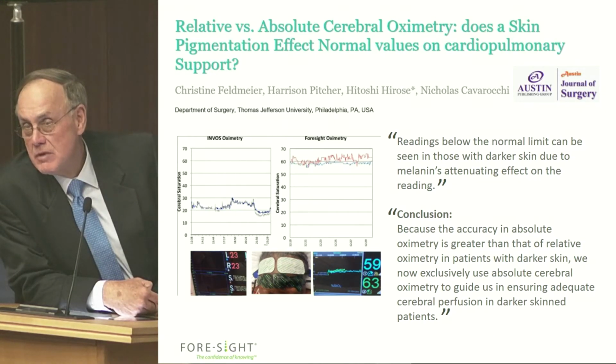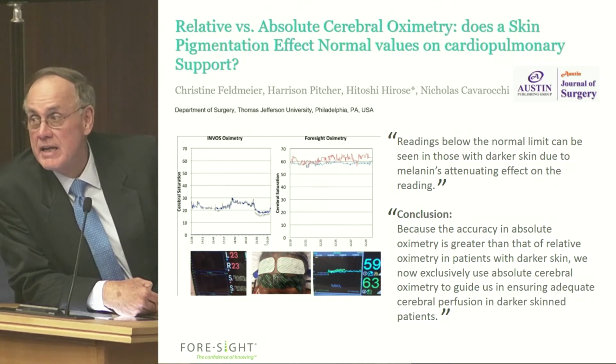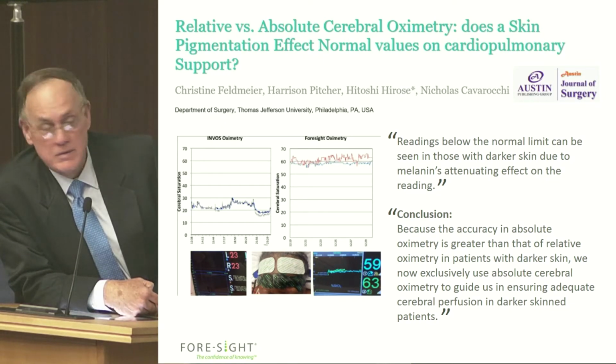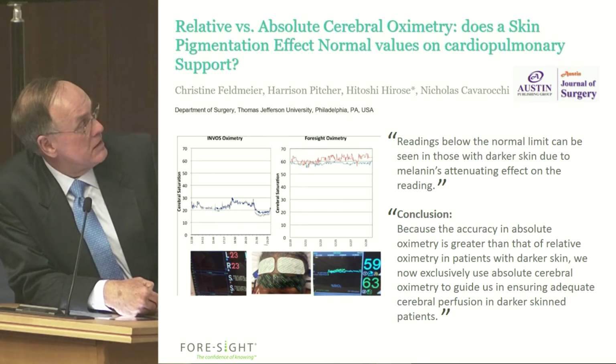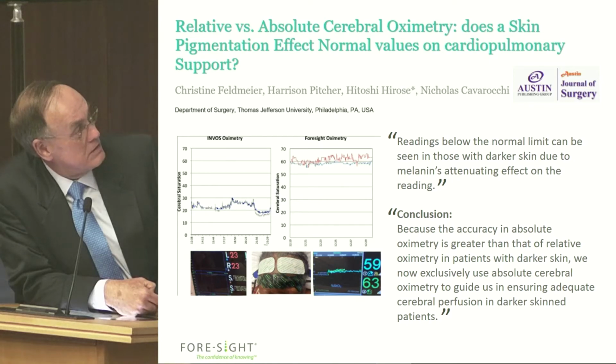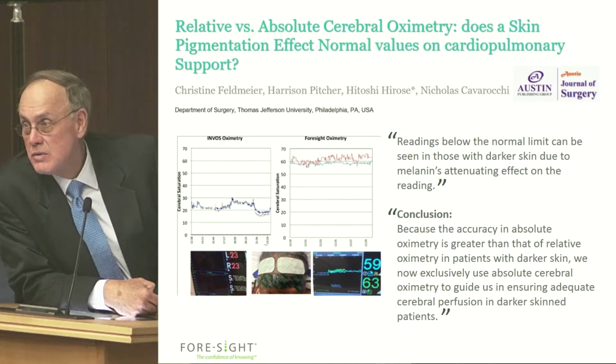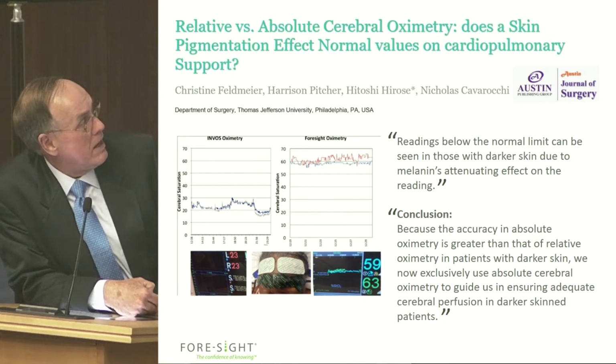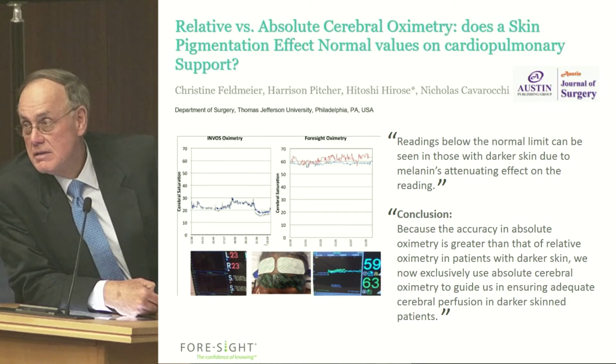Now, most brains would be dead if the saturation was as low as 23. Okay? So these doctors didn't believe their INVOS number. They took these sensors off and put Foresight on, and look, the numbers were actually normal. Okay? So why? Same patient, exact same conditions, why the difference in numbers?